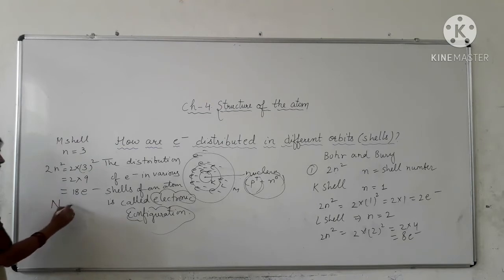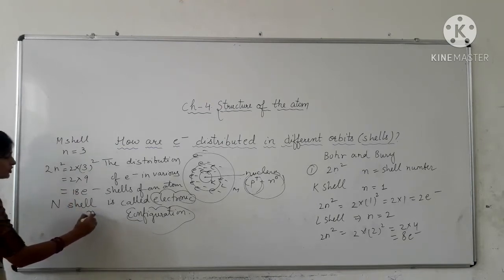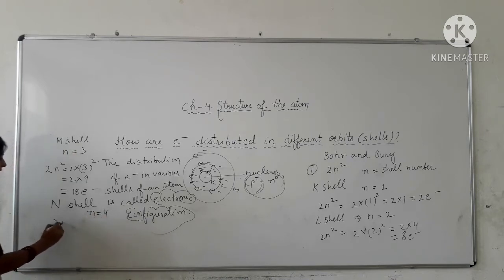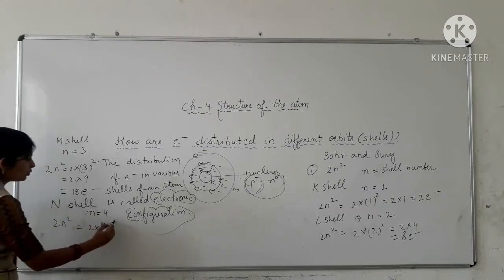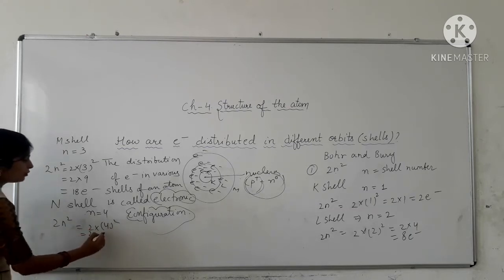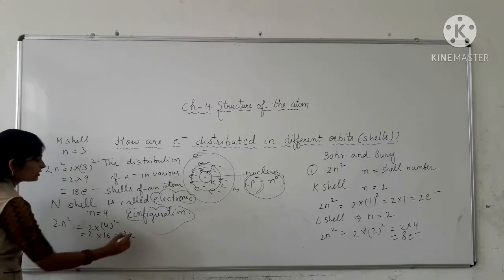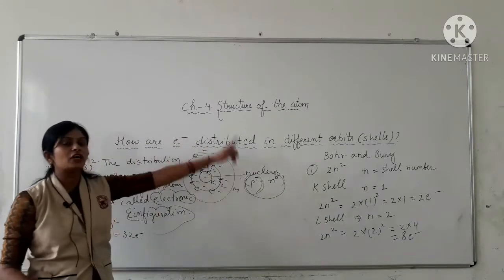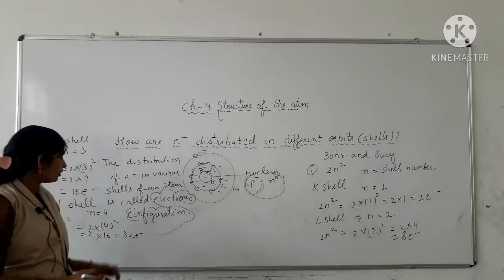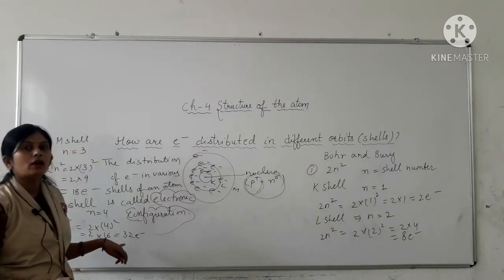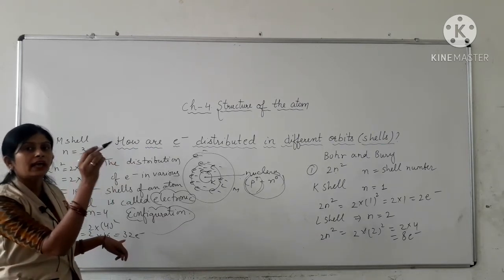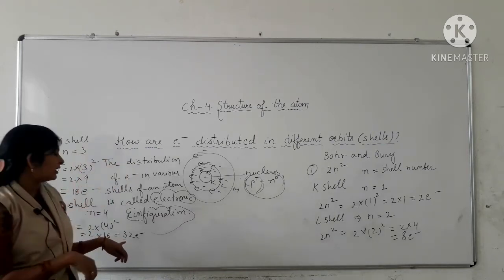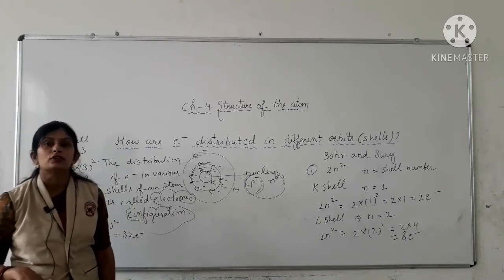Now N shell, it is the fourth shell, so its n value is 4. Apply formula 2n square: 2 into 4 square, 2 into 16, 32 electrons. So if there is N shell, the fourth shell, then the maximum number of electrons that can be accommodated in it is 32 electrons.